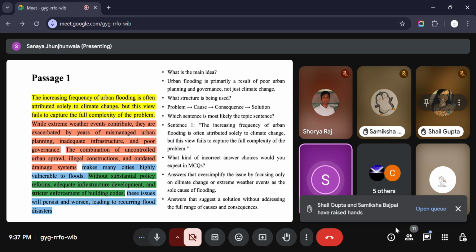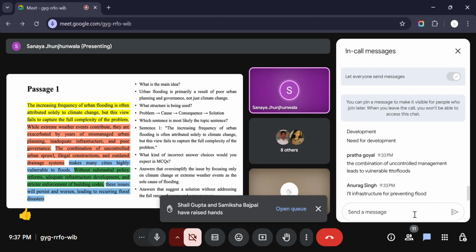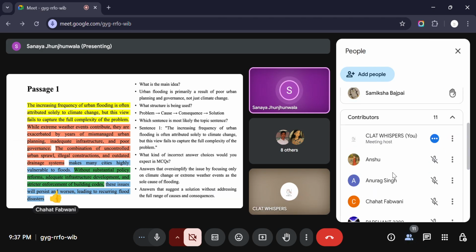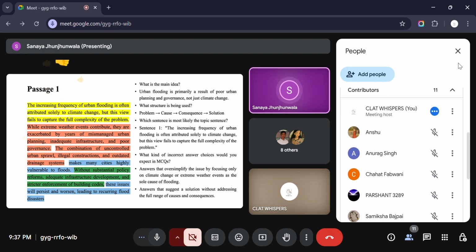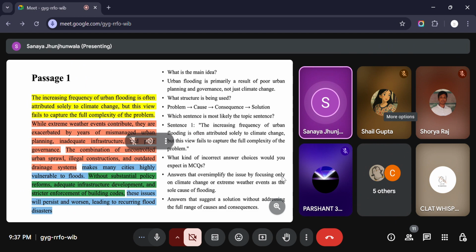Please do let me know if you guys want me to explain it again. इसलिए I've chosen smaller passages so it's easier for you guys to understand. ठीक है, मतलब ऑलमोस्ट सबको समझ में आ ही गया है. It's okay, last में I have some time for doubt discussion. अगर तब तक you guys think that there is anything that needs to be discussed in this passage, let me know, okay? I'll move on to the next question, or next slide, basically.